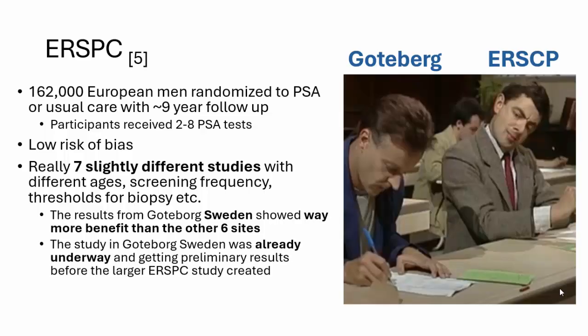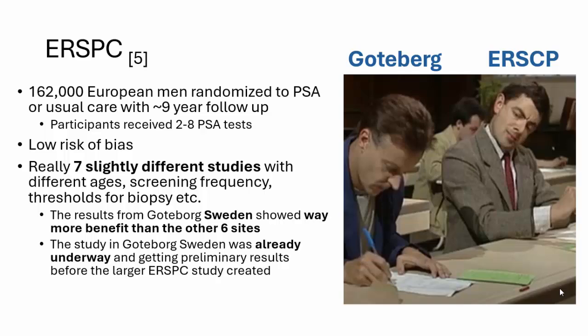The results from Göteborg were also kind of added to the study after the fact. So this Swedish site was actually a study that was already underway before the larger ERSPC study was formed, and it just got kind of absorbed, which is a little bit atypical and suspect because they were already enrolling patients and getting some preliminary results before they got added onto this study, which potentially means it's not an apples to apples comparison.